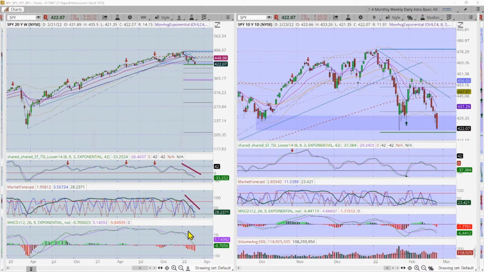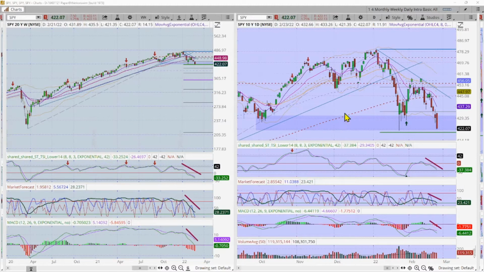Momentum is heading down. And I realize the week isn't over yet. However, when we started the week, the momentum was heading down. We still have a couple of days left in this week. The daily momentum has also shifted down on all these indicators. The MACD has shifted to the downside again.